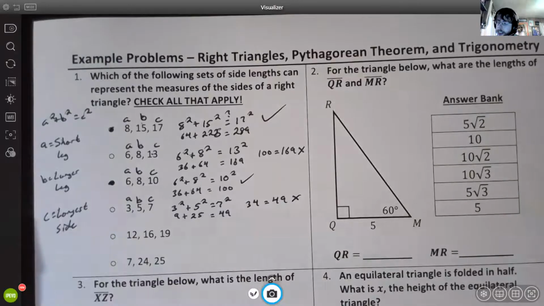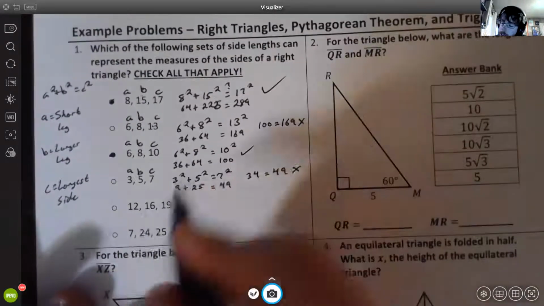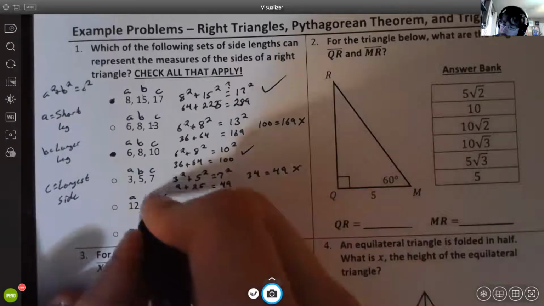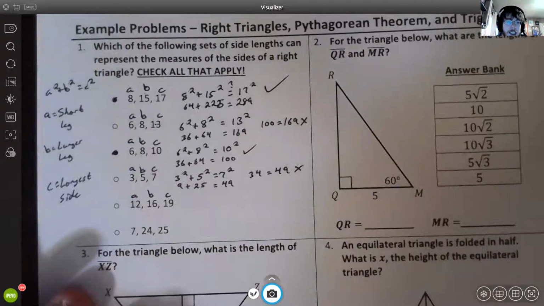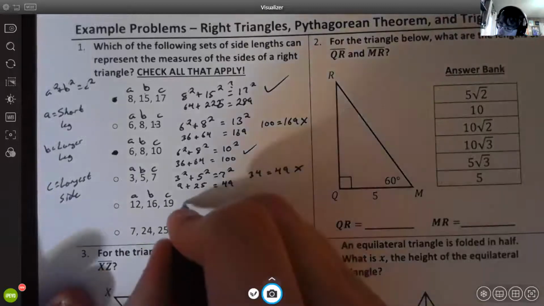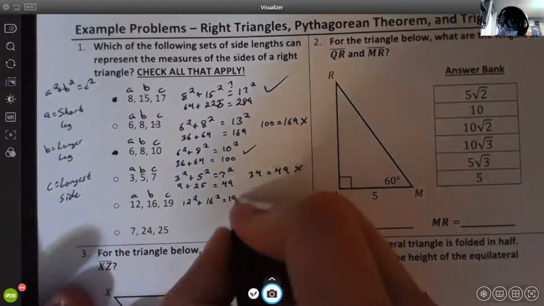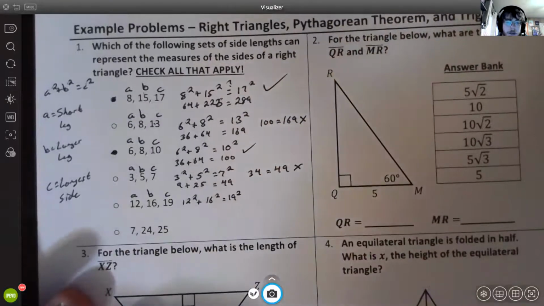Next up, 12, 16, and 19. Our C value is 19, our A value is 12, and our B value is 16. So we have 12 squared plus 16 squared, and we're going to see if that's equal to 19 squared.